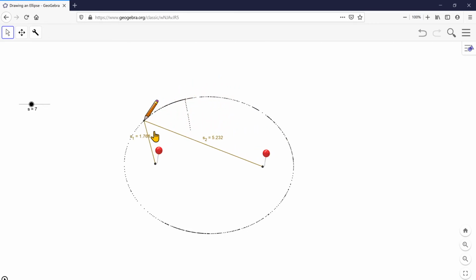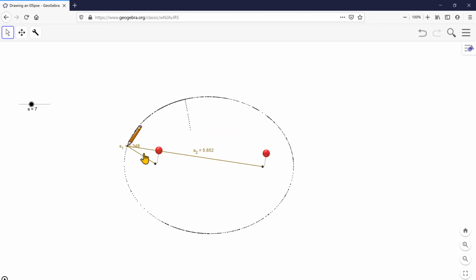And it has some properties. If you go from this point, which is the focus, to anywhere on the ellipse and back, that's 7 units. So if you come over here and go from the focus to the ellipse and back, that is 7 units.